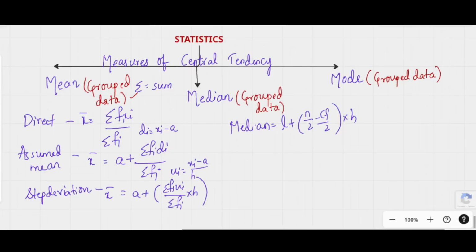This is not divided by 2, it is divided by the frequency. L is the lower limit of the median class interval, and n is the number of observations, or the sum of all the frequencies, and CF is the cumulative frequency of the class. This is very important. Most of the students will be confused here.